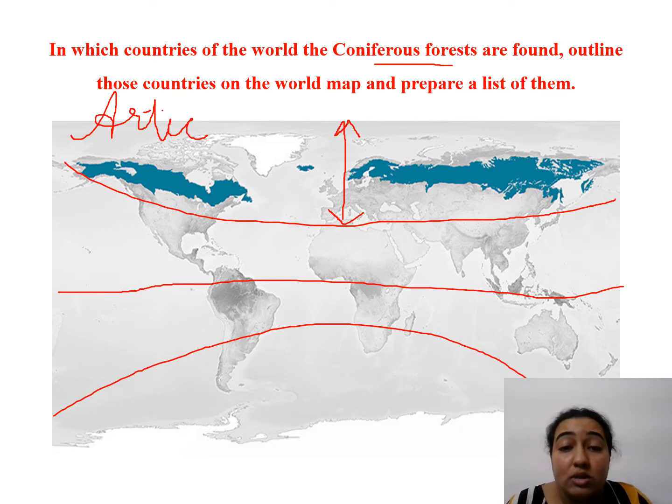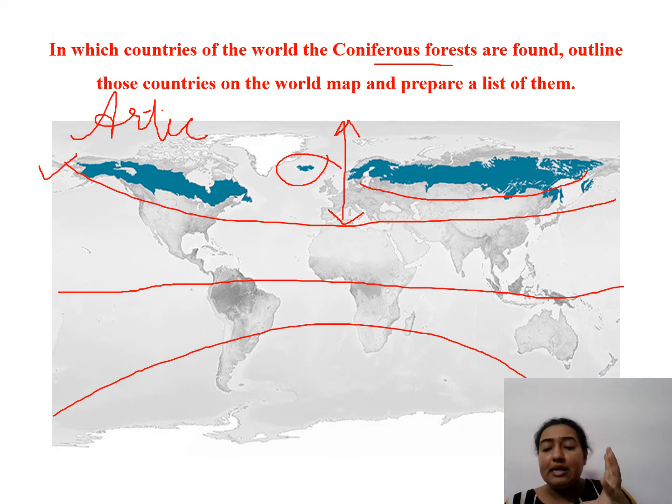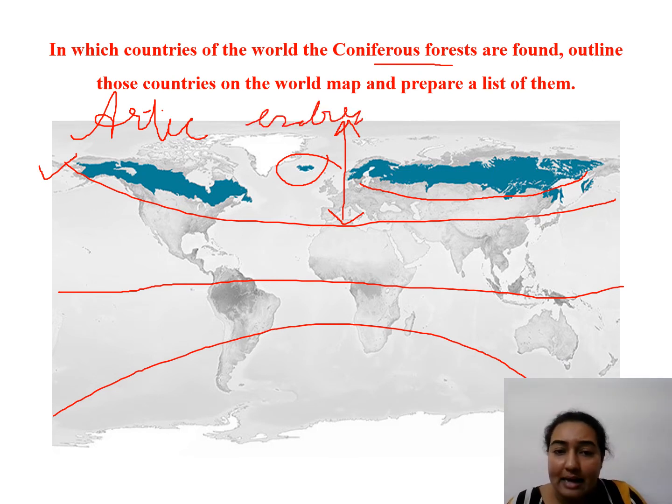So all those countries which are marked in blue color are perfect examples of countries having higher latitudes and thicker, dense coniferous forest. Why? Because it is in the Arctic Circle. So extreme winters and higher latitudes are features of these coniferous forests.